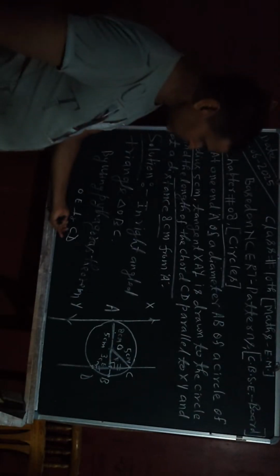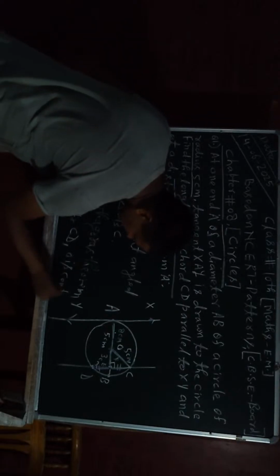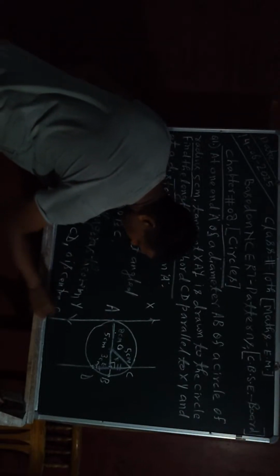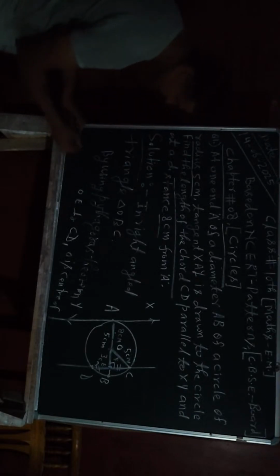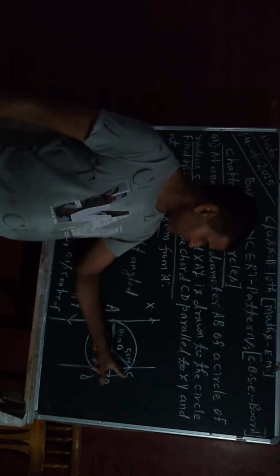This OE line is perpendicular to CD. It means that here O is the center of the circle. This line will bisect the chord CD in two equal parts.